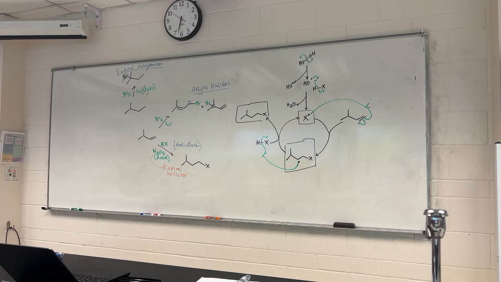Well, this was a propagation step. Okay. So this X radical won't go back to HX, but this X radical could get together with a hydroxide radical, could get together with a carbon radical, hydroxide radical, carbon radical and a second carbon radical, halogen radical and a second halogen radical.